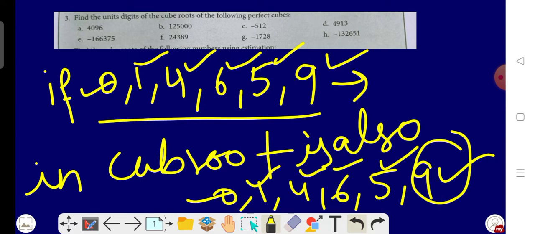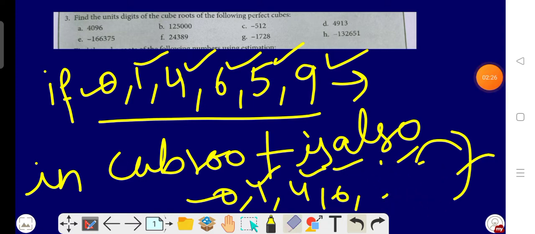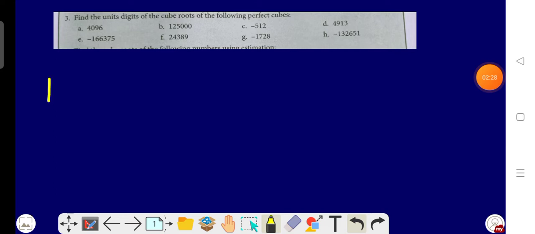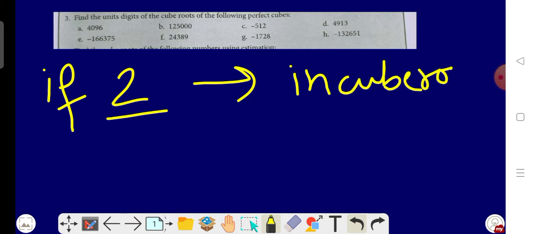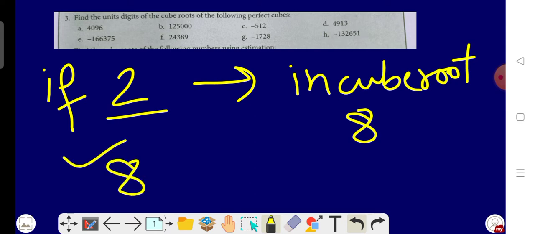Okay, now if we have to find the cube root of a number having unit place digit 2, then the unit place digit in the cube root is 8, and if the unit place in the given perfect cube number is 8, then the unit place digit in the cube root is 2.